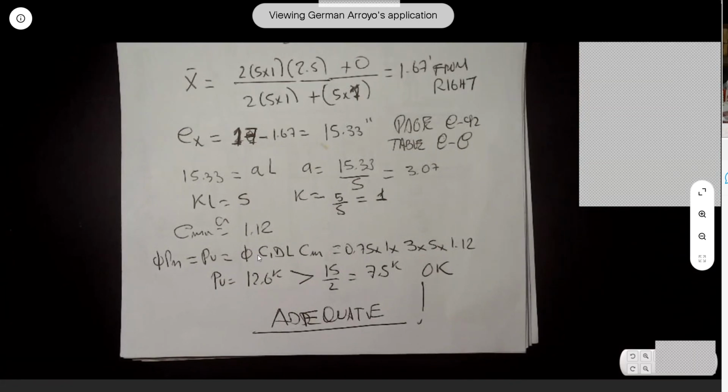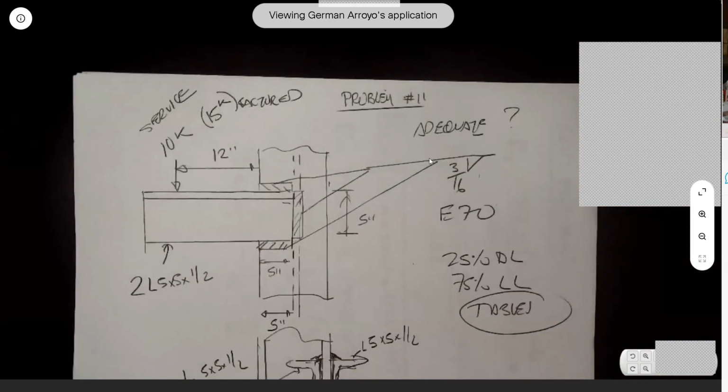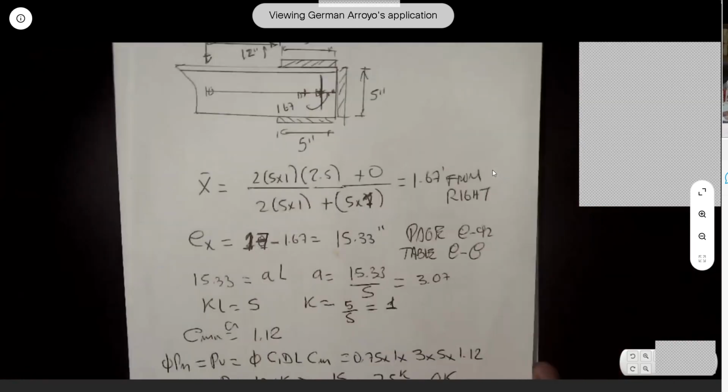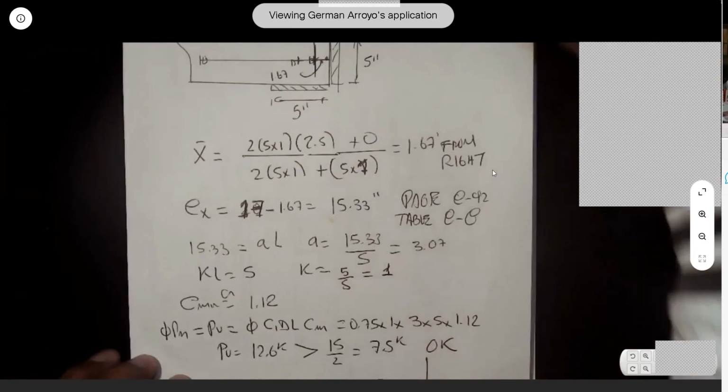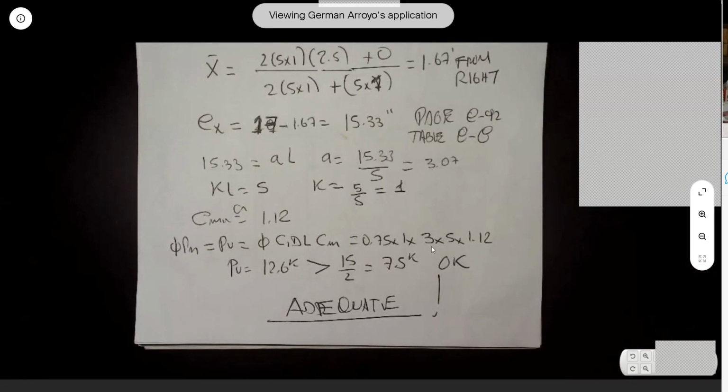Look at the size of the weld that we're using in this problem: 3/16. Since this formula requires that this is in sixteenths, instead of 3/16 we use 3. If we have 4/16, we use 4; 5/16, we use 5. And this is the length of the weld, and this is the minimum, so it gives me 12.6 kip.